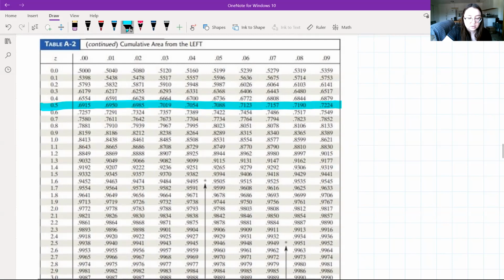So now we can use a different color, and we're just going to go down to the value that we want, which is going to be 0.6915. So our z-score of 0.5 corresponds to 0.6915 area under the curve.